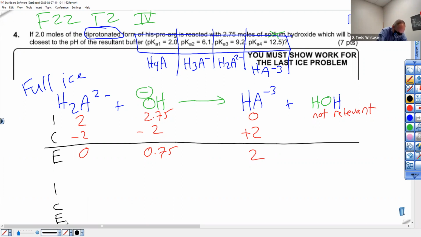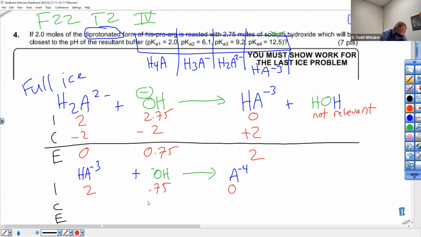starting with HA3 minus. Hydroxide again. And what are you making this time? Hey, we don't have this one written down yet. A4 minus, same thing, right? And forget about water. So we got the 2, we got the 0.75, and we got the 0.